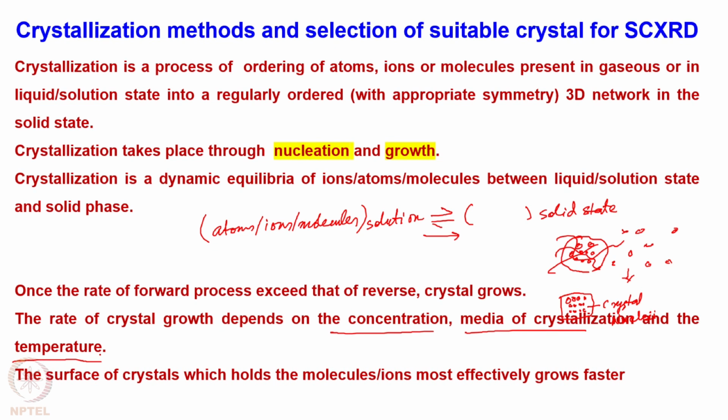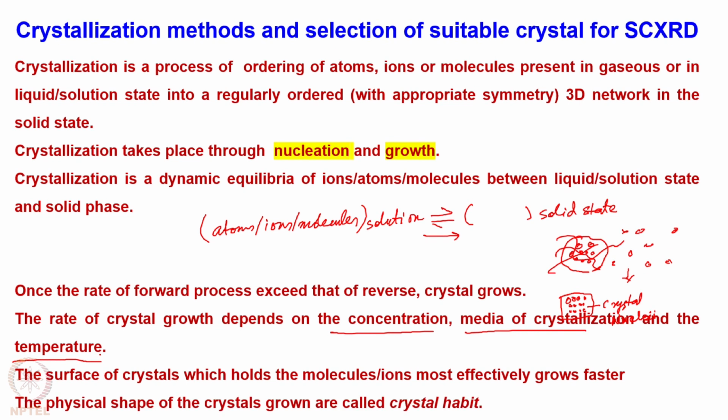The surface of crystals which holds the molecules and ions very firmly are most effective surfaces for crystal growth. So not every surface of crystal grows evenly. Some crystal surface grows much faster than the other surface that can be seen under a microscope.